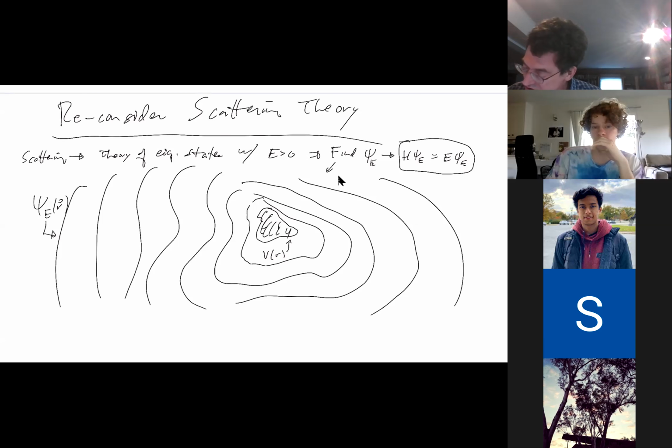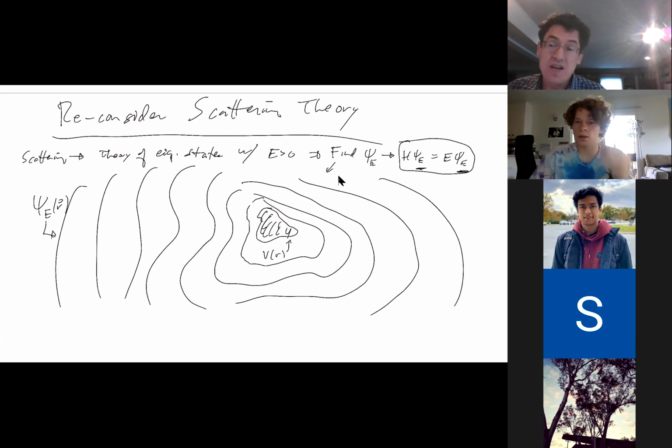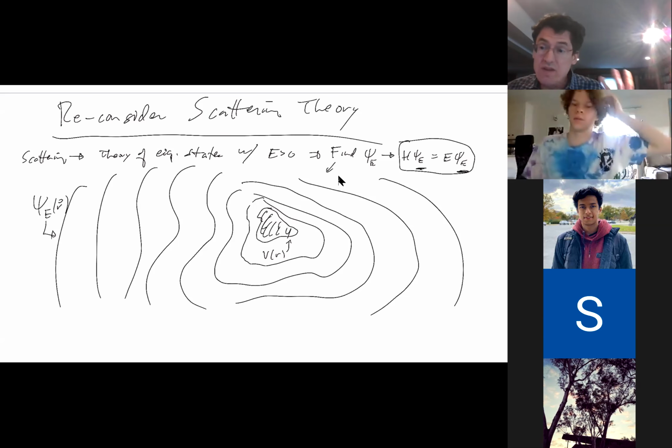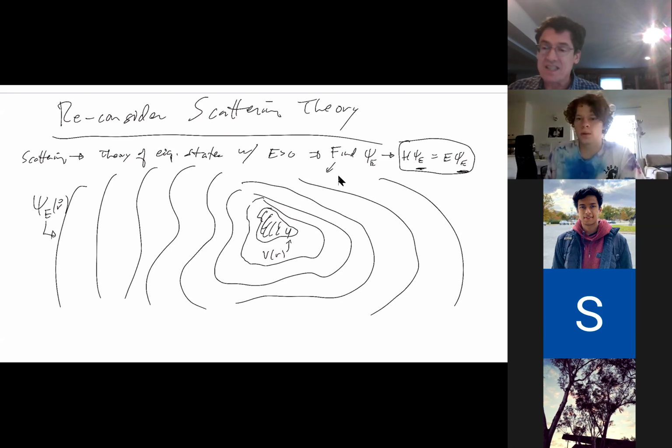So if I had this psi E, then a more general way of thinking about scattering is to say, okay, suppose I actually knew what this wave function was. Suppose I had actually solved the Schrodinger equation for energy greater than 0.